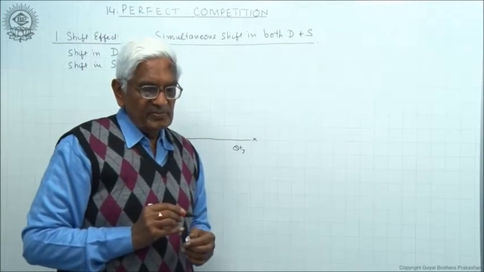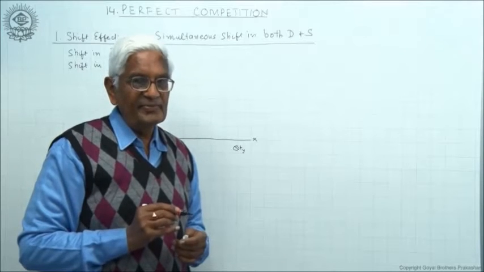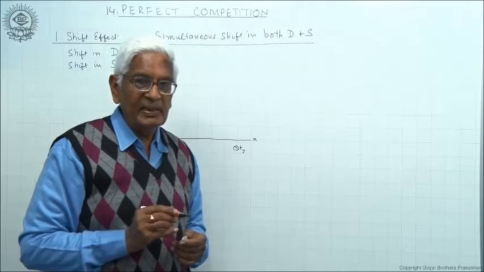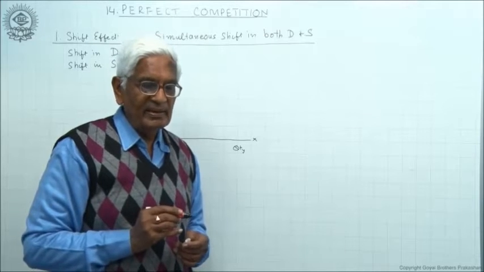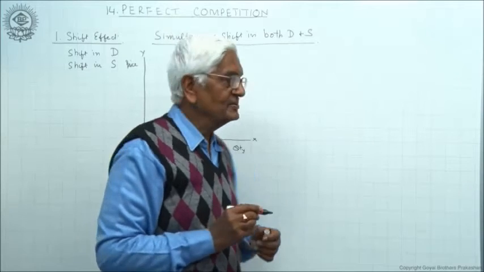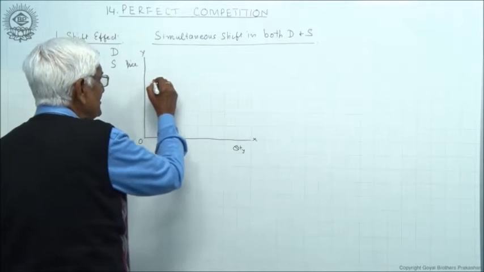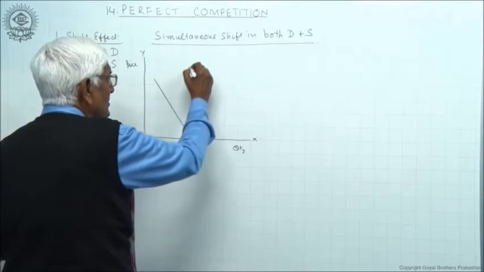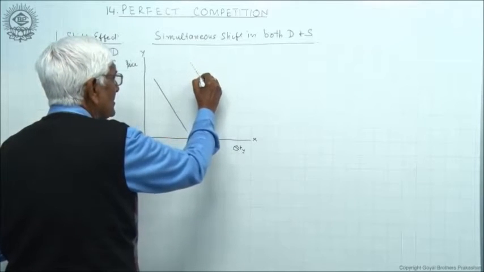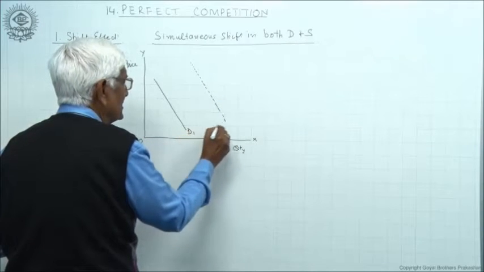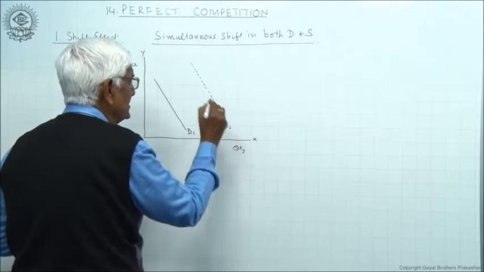Now, in this case, we have to take shift in demand or increase in demand greater than increase in supply. So to accommodate, it is better to take demand curve a little below, and mark as D1 and mark this as D2.